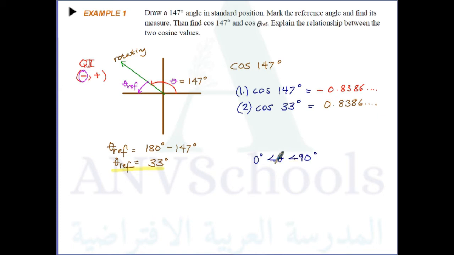Because these are acute angles, they will always give us a positive value for either sine or cosine. So for reference angles, all the answers would be positive. And this is for example number 1.